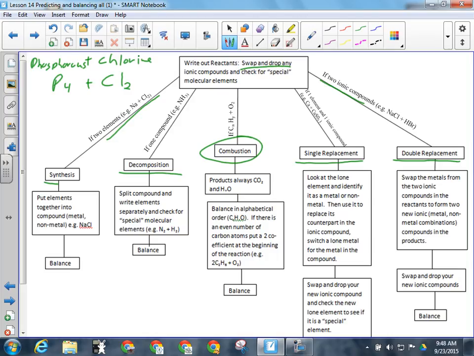How do you figure out how many phosphorus and how many chlorine there are going to be in a molecular compound? I don't know either. Okay? Therefore, I could never give you a synthesis reaction whose two reactants were actually two nonmetals, because there's no way to figure out how many of each there would be, and any answer you wrote down would have to then be correct. Okay? And that's obviously not all that valuable to me as an assessment tool.